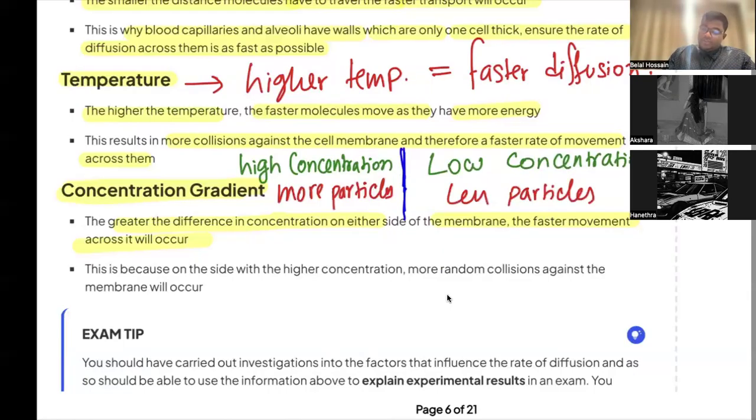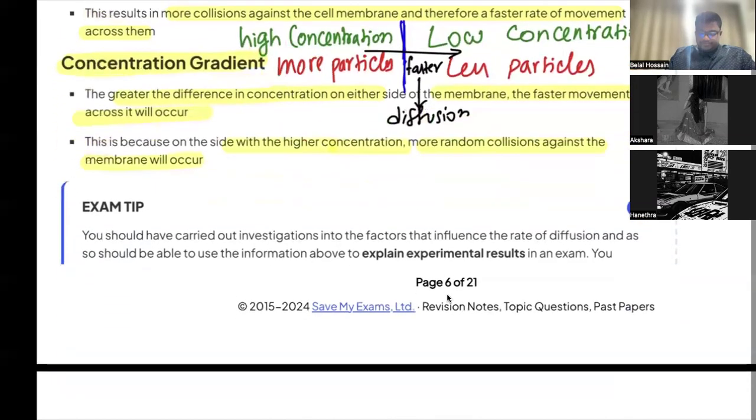So faster diffusion will occur between them. This is because on the side with the higher concentration, more random collisions against the membrane will occur.